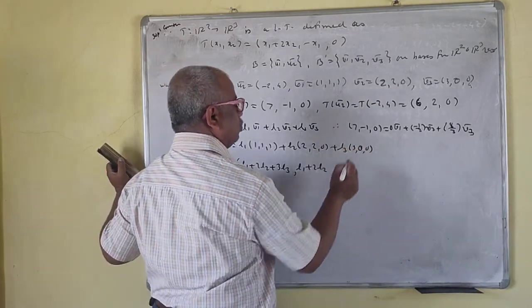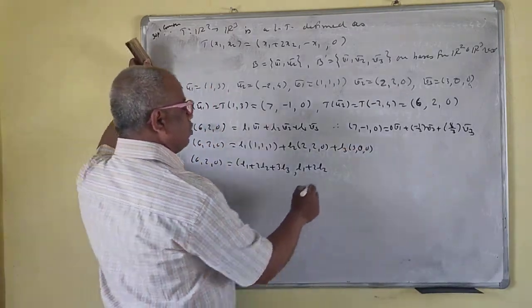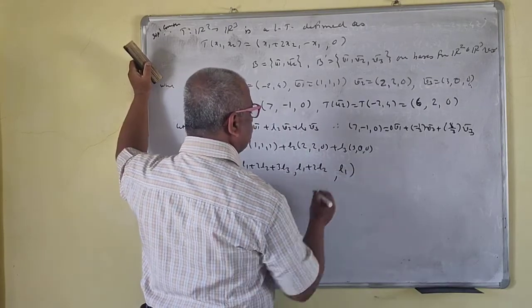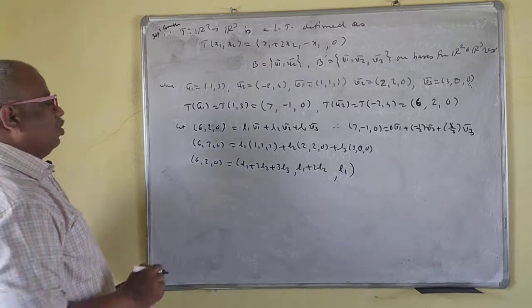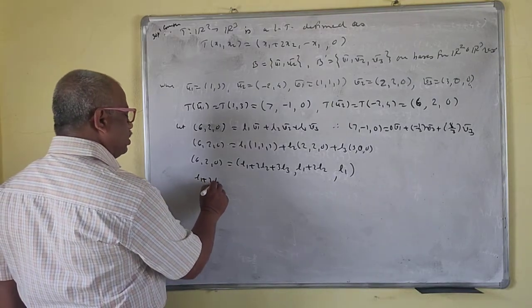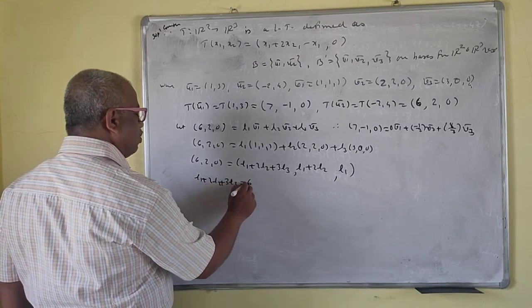This is 300. So twice L2. And this is L1 only. So L1 plus twice L2 plus 3 L3 is equal to 6.